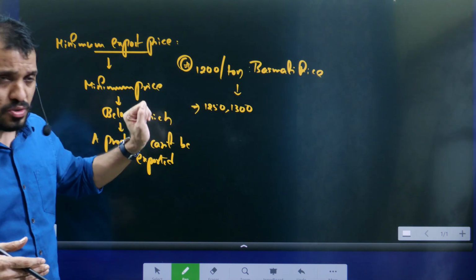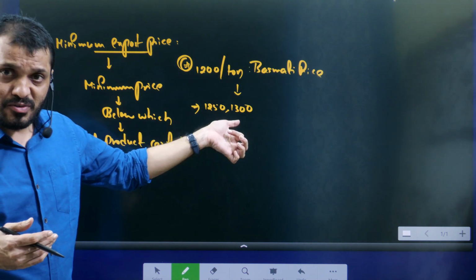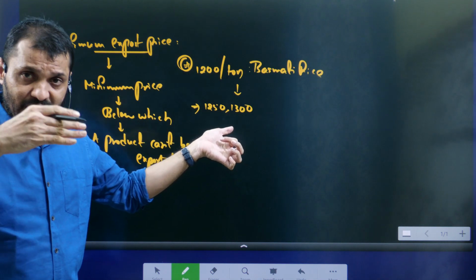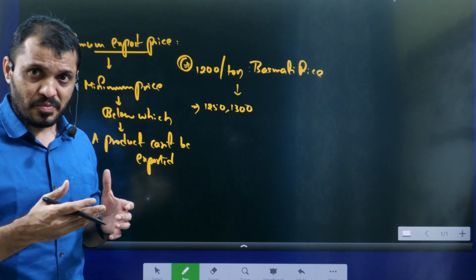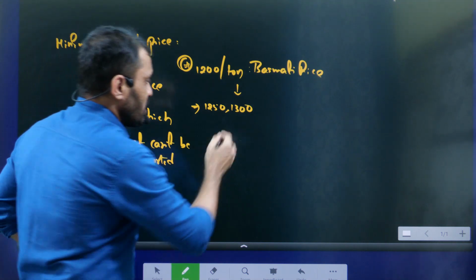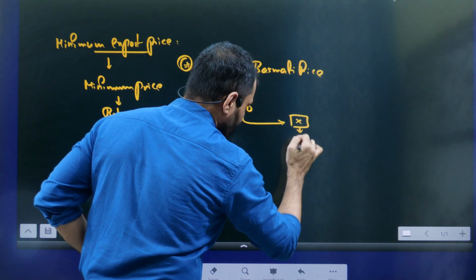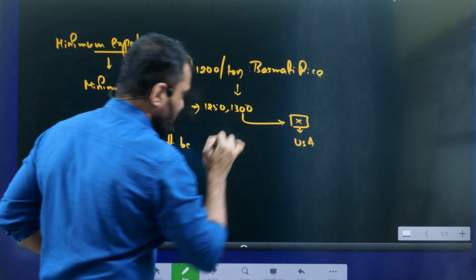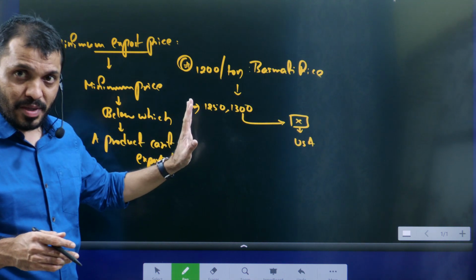Of course, it can be misused also. In the transaction, they will show the rice export at 1300 or 1400. But at later stages, they will compensate with the stock. For example, I will export on papers. I will show that I am exporting to person X who is living in the USA for 1300 on papers, but this person is giving only 1100 to me.